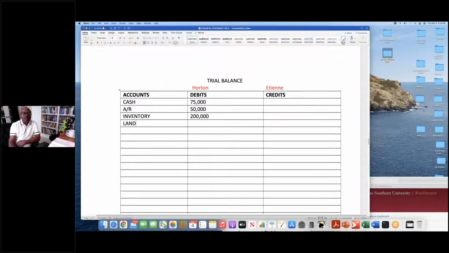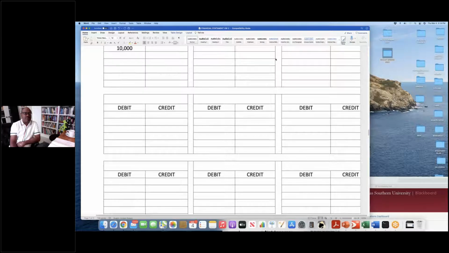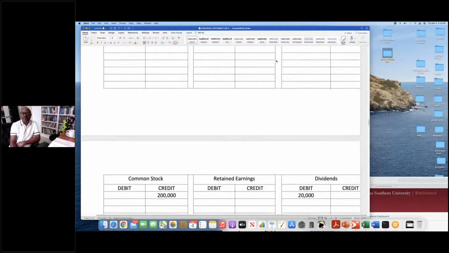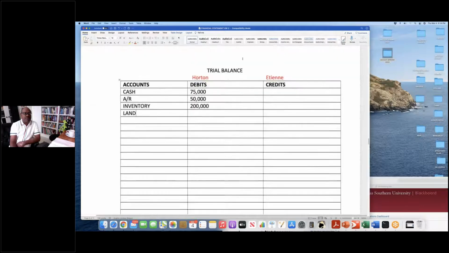Okay, now let's pick up with the liabilities, the credit side. Professor Boyd, you forgot to put the 150,000. For what? For land. Thank you.